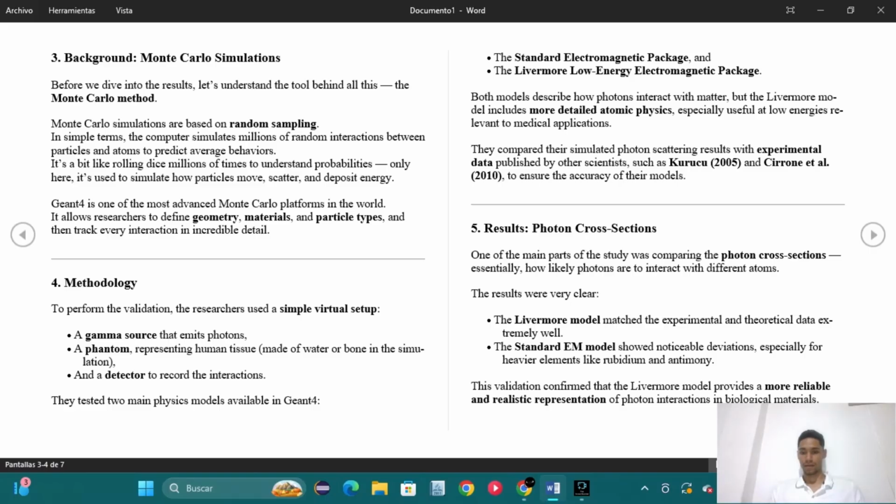The standard model shows noticeable deviations, especially for heavier elements like rubidium and antimony. This validation confirmed that the Livermore model provides a more reliable and realistic representation of photon interactions in biological materials.